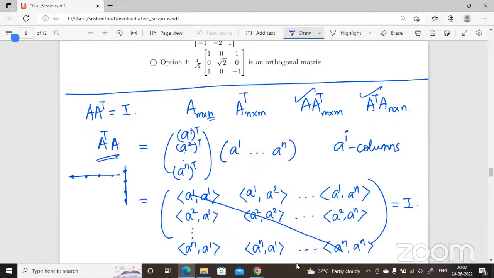We are multiplying the first row of A transpose, and what is the first row of A transpose? It is the first column of A. So that's what I've written here: first column of A with first column of A, because the first row of A transpose is the first column of A.